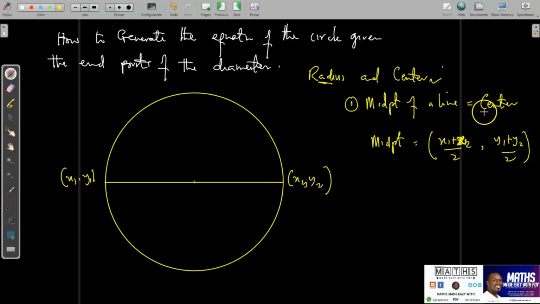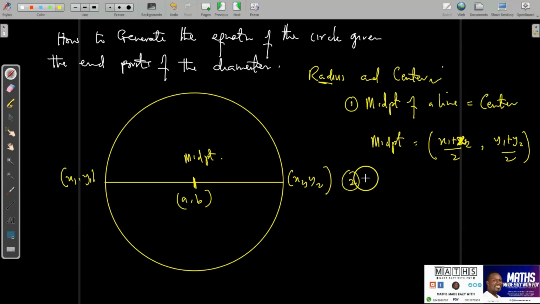Now when you obtain the center, then the center becomes a comma b from the idea of midpoint. Number two, how do we get a radius then? So you divide the diameter by two. You don't know the length of the diameter, so how do you find the length of the diameter before you can divide it by 2?